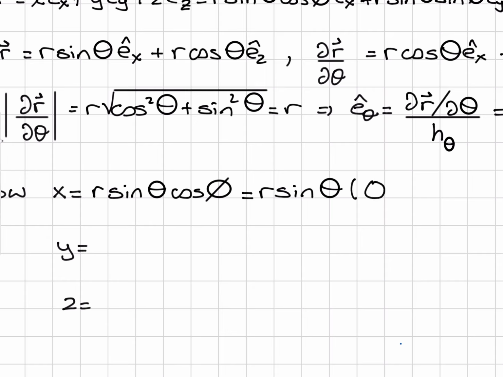Y is equal to r sine theta sine phi, which is 0 because phi is 0.